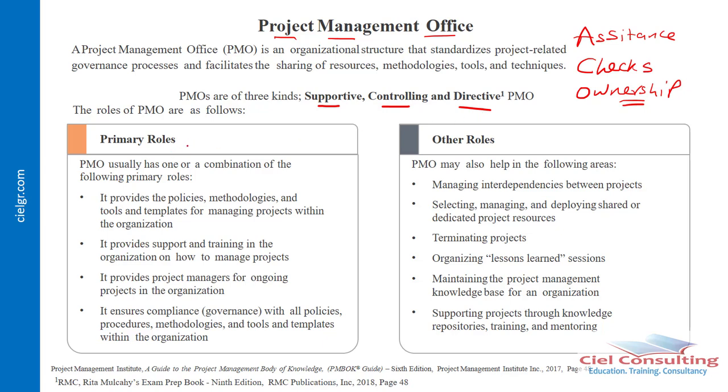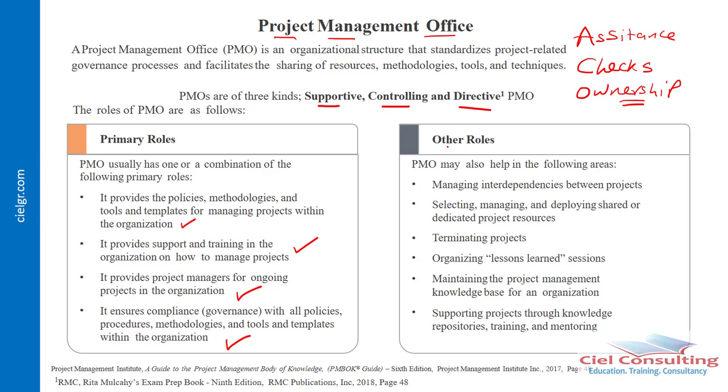So part of the roles of the project management office, in addition to what we have said so far, would of course include providing policies and methodologies, as well as templates for managing projects. Also, they provide support as well as training in the organization on how to manage projects. Then also, it is the PMO that provides project managers for ongoing projects in the organization, and also ensures compliance with all policies, procedures, methodologies, tools, and templates within the organization.